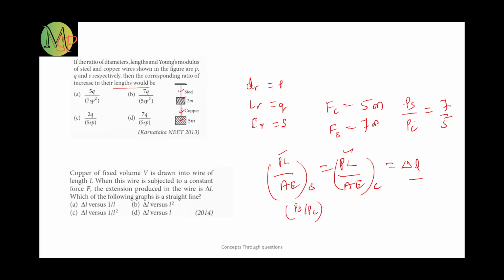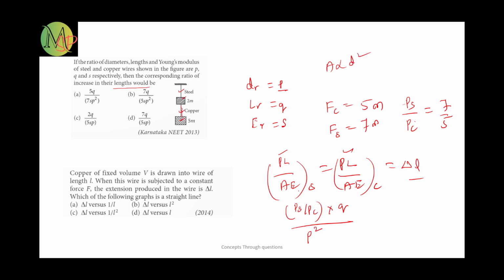Next, LS divided by LC, it is Q. Next, AS divided by AC will move here, so AS by AC, it is a diameter ratio. A is proportional to D square, so it is P square.